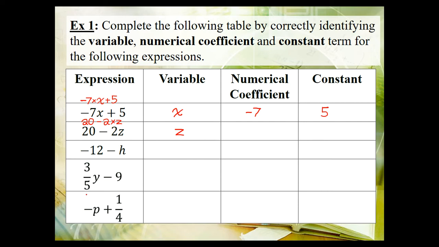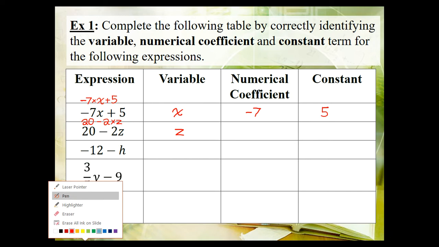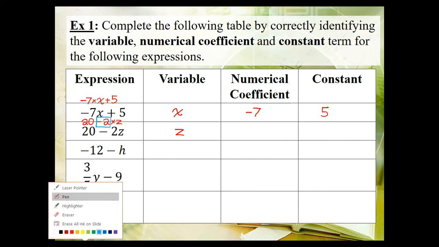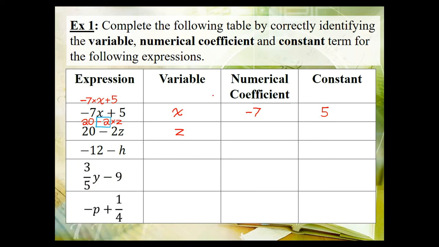I'll highlight this in a different color. Not only is it the 2, it's also the sign in front of the 2. So here you would have 20 minus 2 times z. So your numerical coefficient would actually be negative 2.